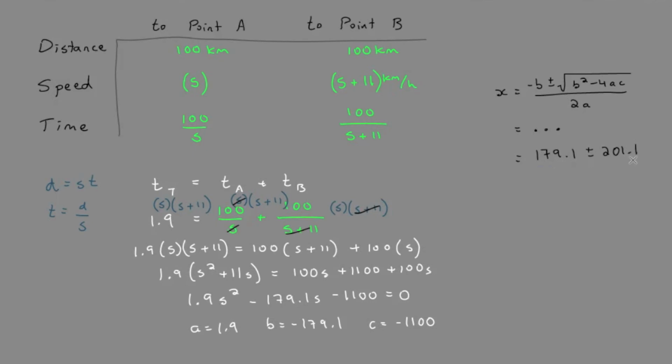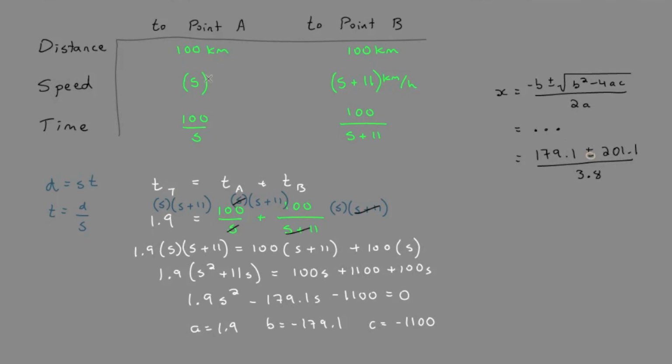201.1 all over 3.8. Does that mean we have two answers? We have a plus and a minus. When we add the two, we'll have a fairly big number, but when we subtract, we would get a negative number, wouldn't we? Because we're subtracting a larger number.